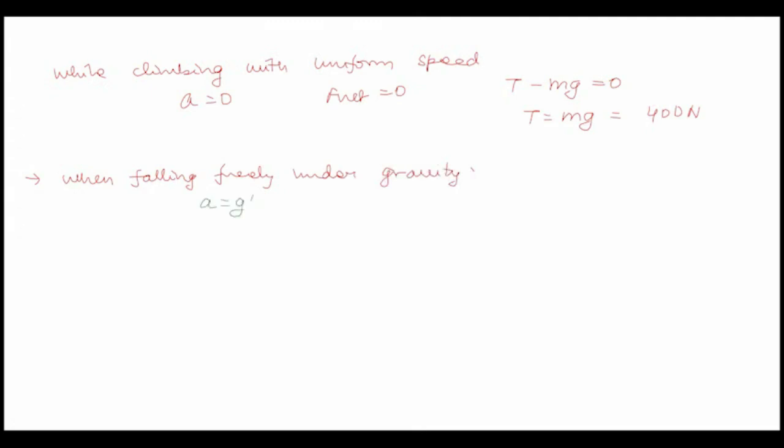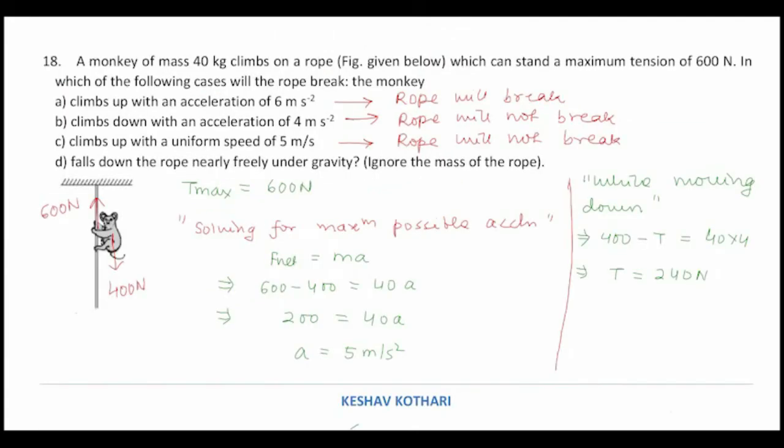So we can write that mg minus T is equal to mg. So over here we get T is equal to 0. So there is no tension acting in the rope, and hence the rope is not going to break. So again in the last case also the rope will not break.